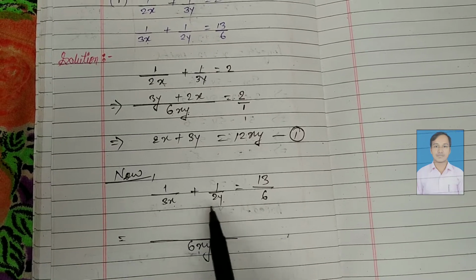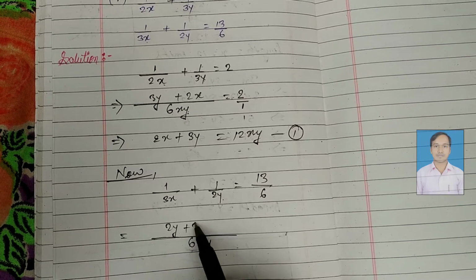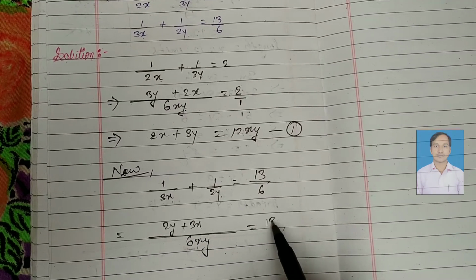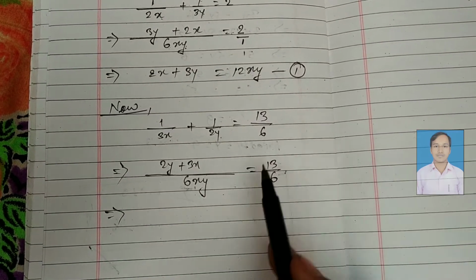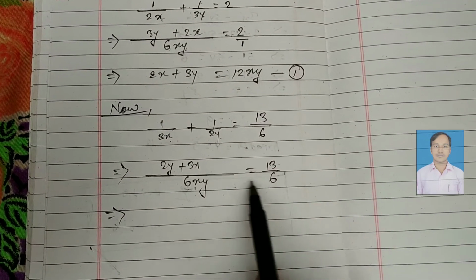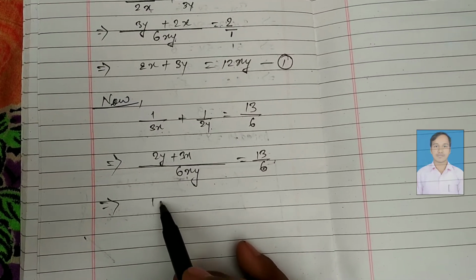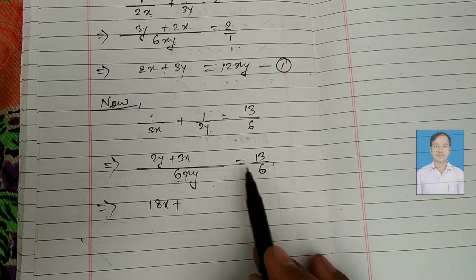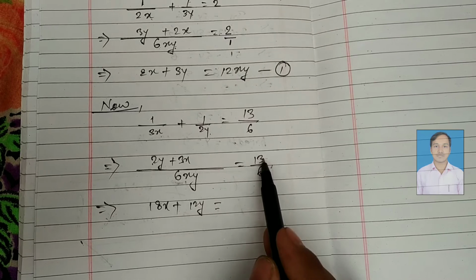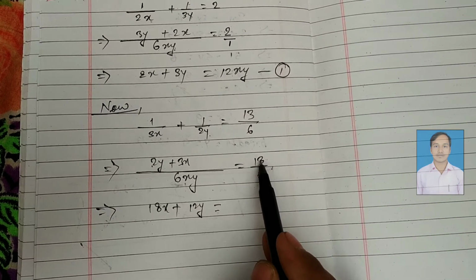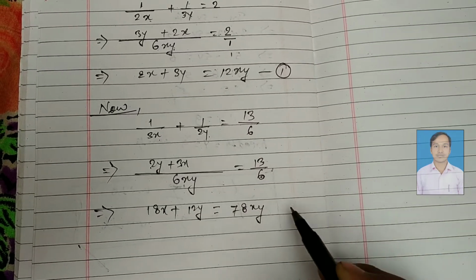Now do the same process, so this will be 2y plus 3x is equal to 13 by 6. Now cross multiply: 6 3s are 18x, plus 6 2s are 12y, is equal to 13 6s are 78xy.